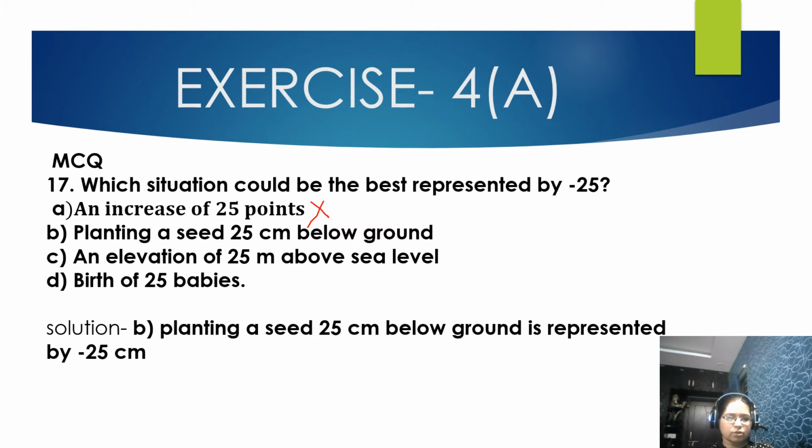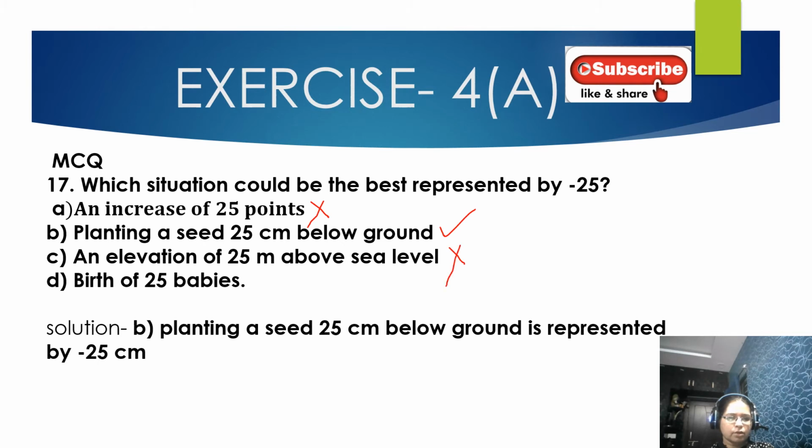This is correct. An elevation of 25 meter above sea level, above means positive, so it will be represented by positive 25, so this is incorrect. Birth of 25 babies, birth is positive, so it will be represented by positive 25, so this is incorrect.